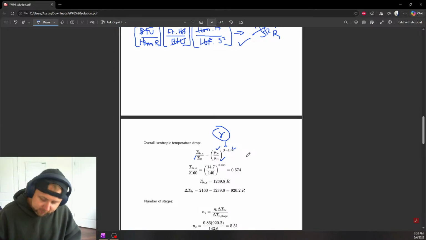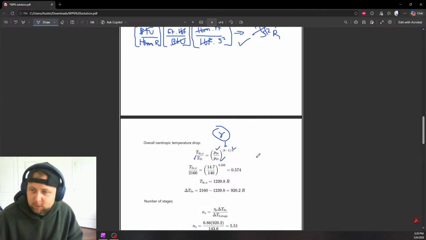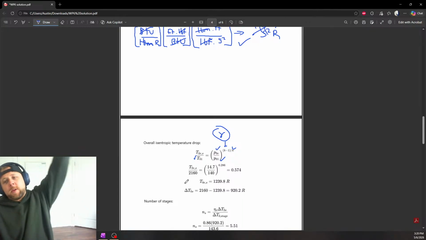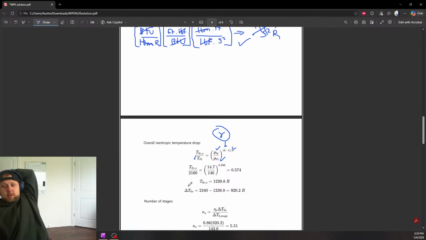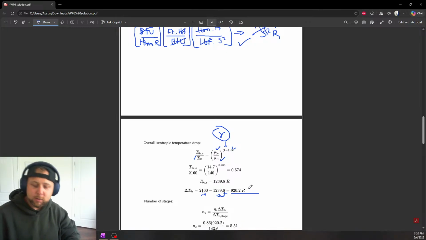So now we can figure out our total, which is, just for the stage, we have our in and our out, giving us 920 degrees Rankine.